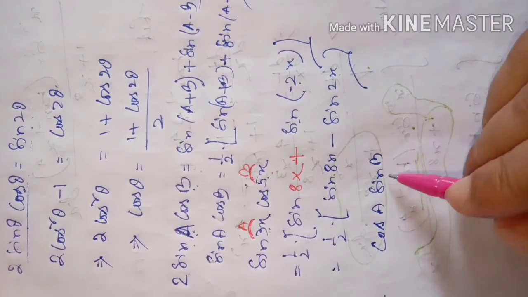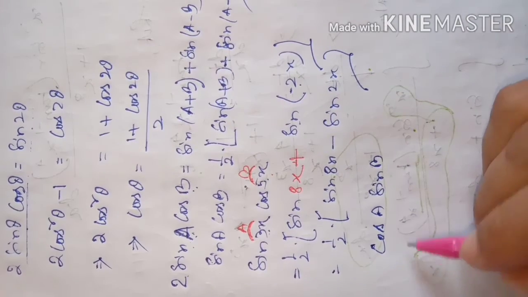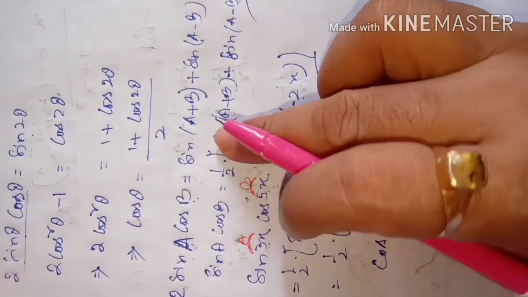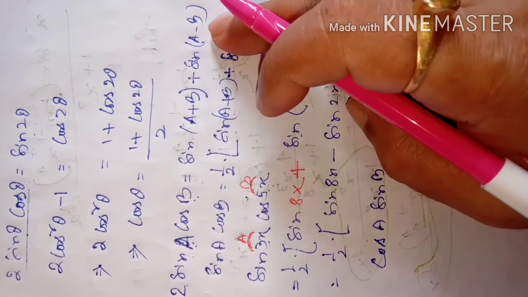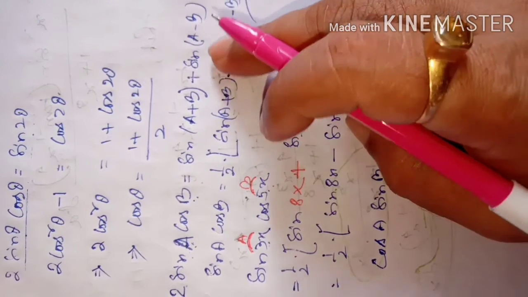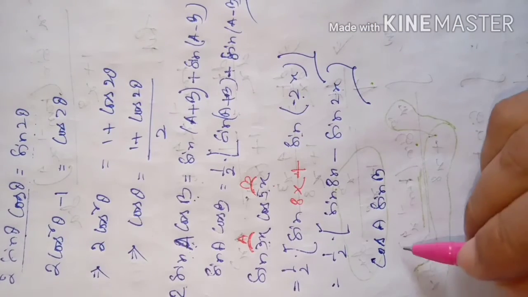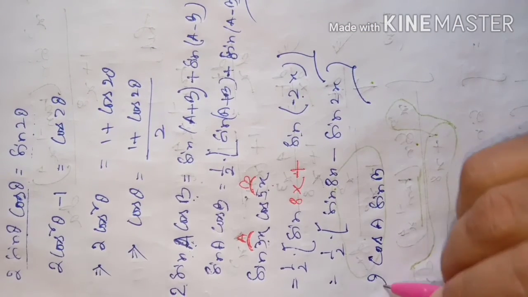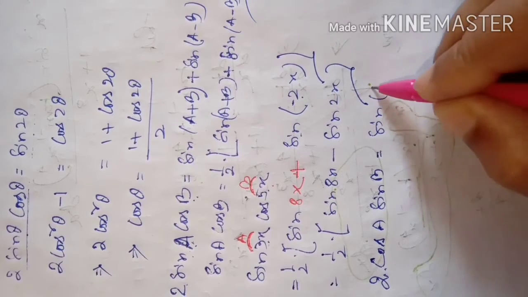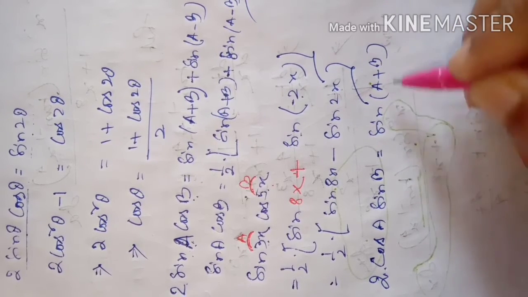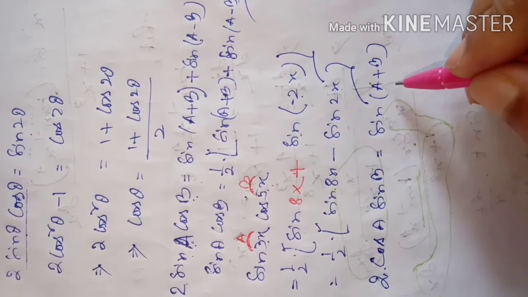And cos A sin B, how can it be transformed? By using the same identity, sin A plus B minus sin A minus B. Recall, sin A plus B minus sin A minus B gives us what? Suppose a 2 is here, so it will be like this: sine A plus B, because here you will get sine A cos B.